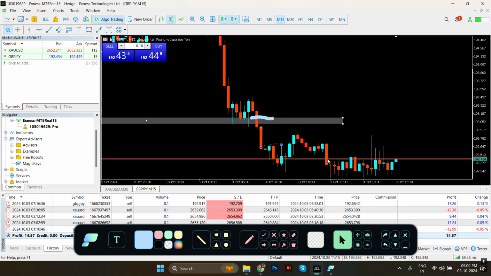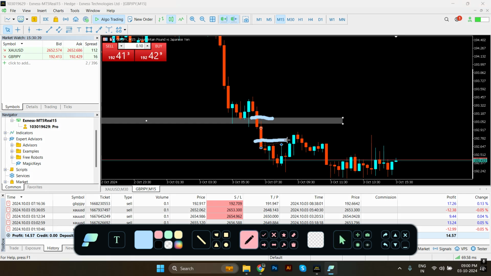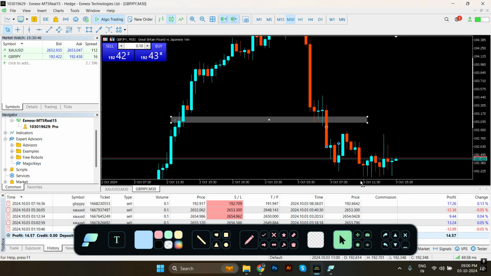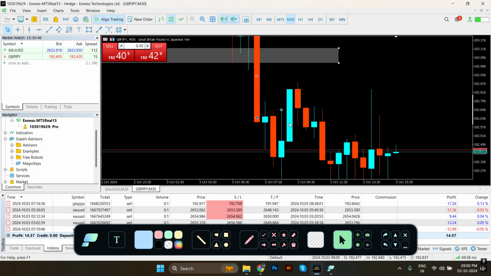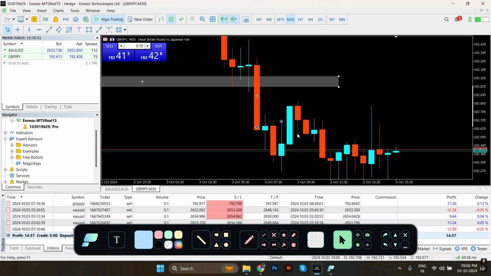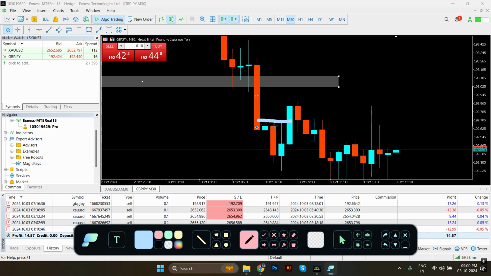Eventually I made one more mistake over here. Whenever I secure positions, I start trailing my stop loss. The mistake I made was keeping my stop loss very close to this candle, where it should have been somewhere over here.